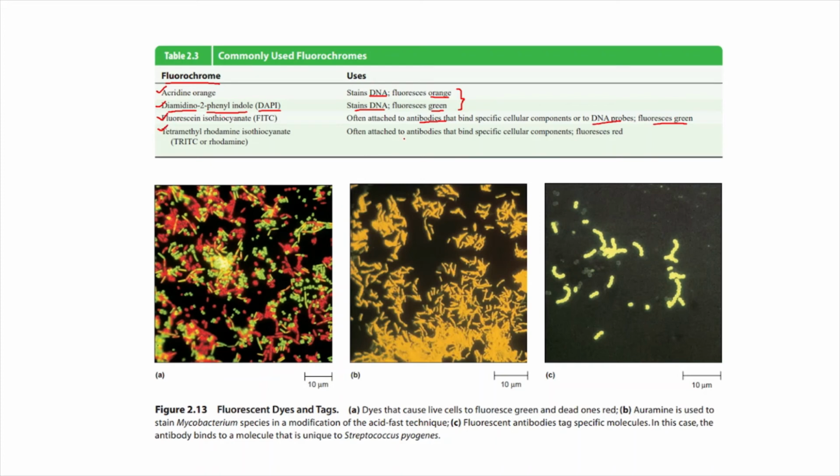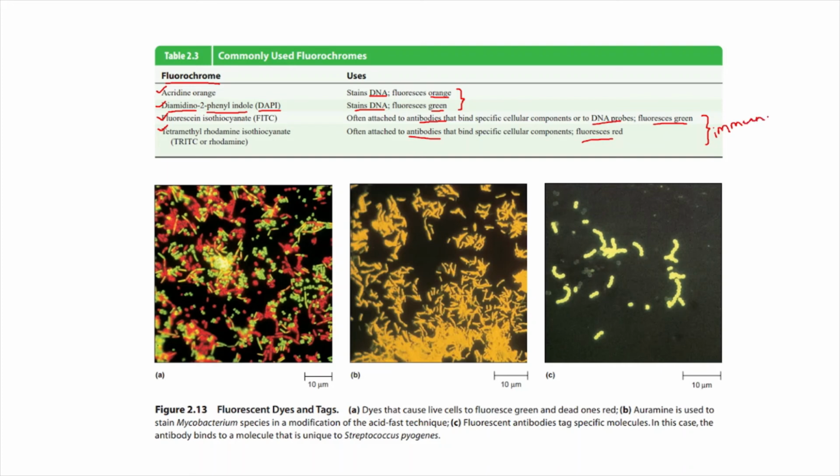It is also attached to antibodies. It is mostly used for immunological assays and sometimes for staining actin filaments as well, and it gives red color. So these last two are mostly used for immunological purposes, and the first two are mostly used for staining DNA.